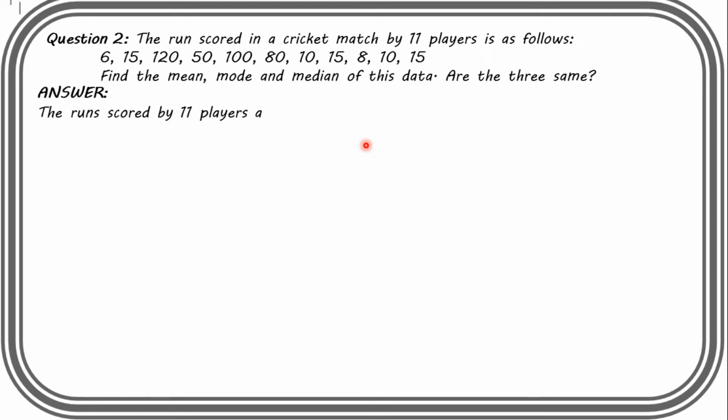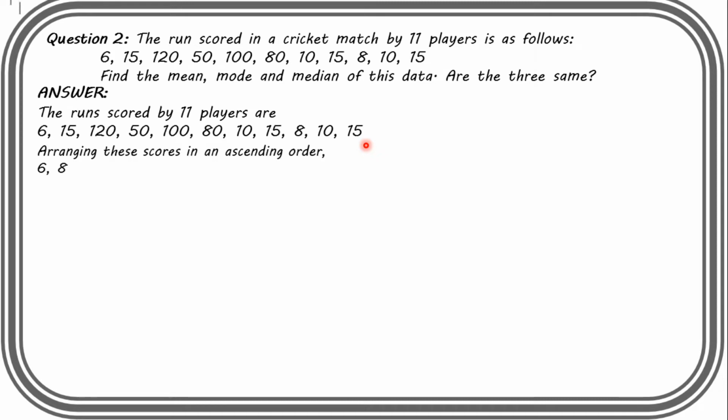The runs scored by 11 players are 6, 15, 120, 50, 100, 80, 10, 15, 8, 10 and 15. Then we will arrange this into ascending order. So when we arrange, it becomes like this: 6, 8, 10, 10, 15, 15, 15, 50, 80, 100 and 120.